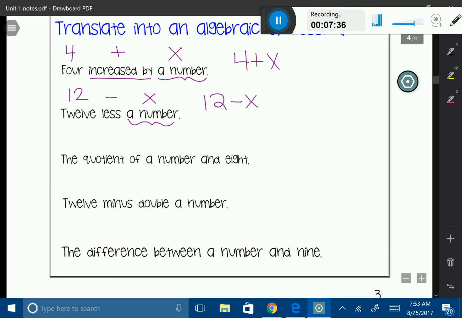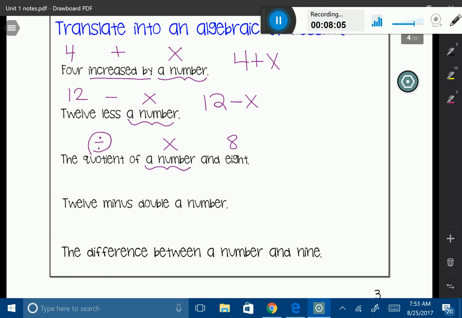The quotient of a number and 8. Okay, let's go ahead and do this. The quotient. Well, quotient is division. The quotient of a number and 8. Okay, so this is a very interesting one because up to this point, you probably used this symbol, divided by, that I'm circling here, to represent your division.